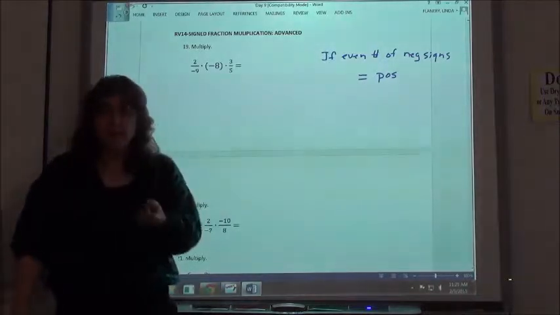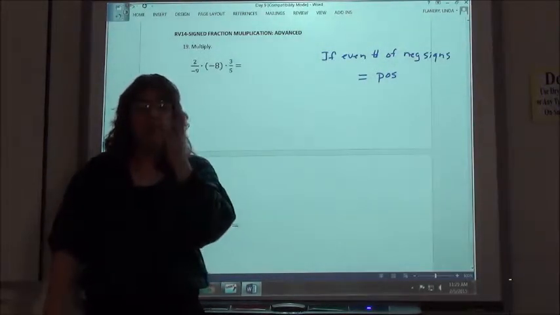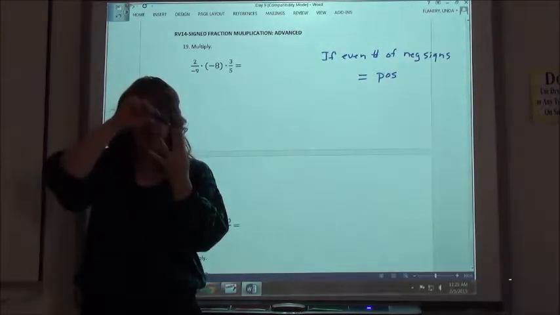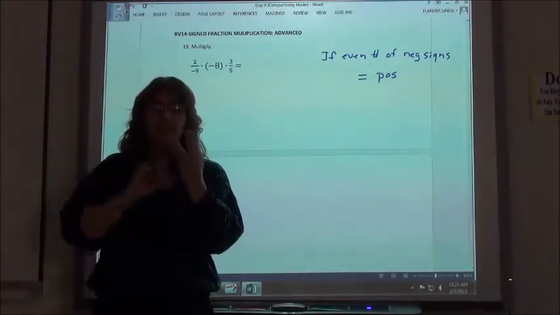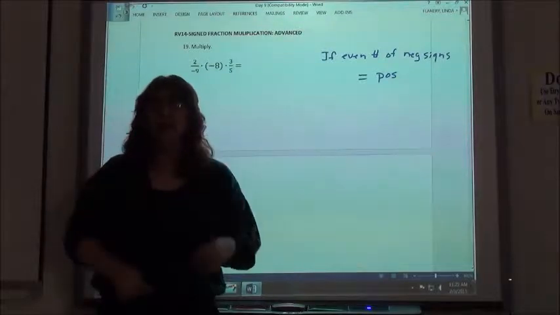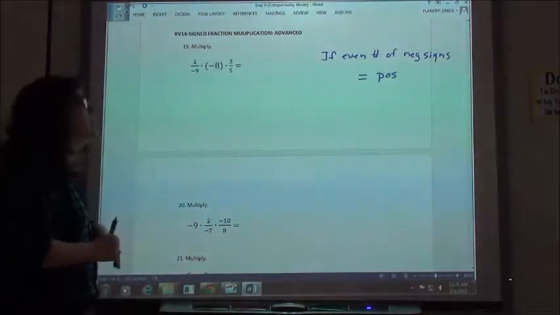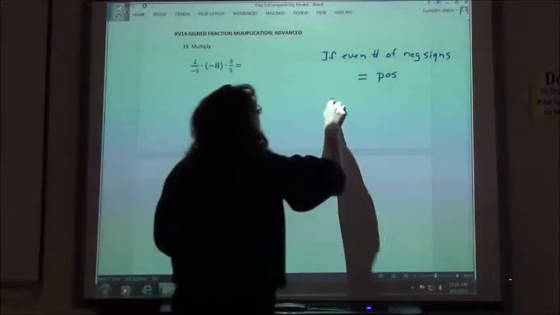So a negative times a negative makes a positive. If I have 4 negatives, I have a negative times a negative, which is positive, another negative times another negative, which is positive, and then I end up with a positive times a positive, which is positive. So if there's an even number of negative signs, it's positive.